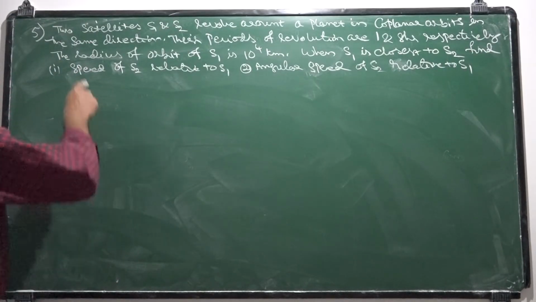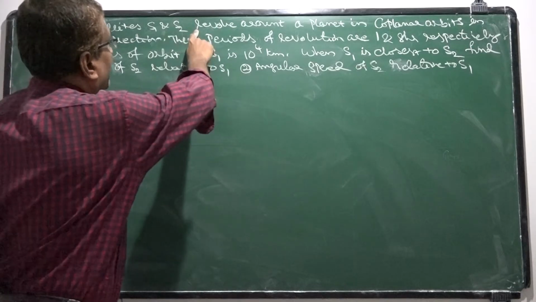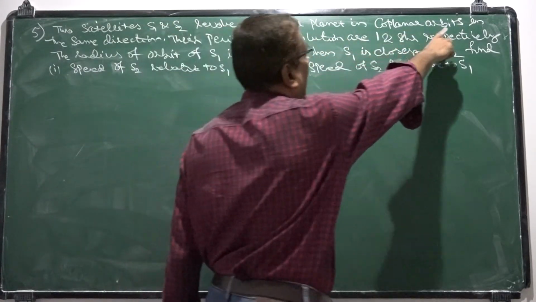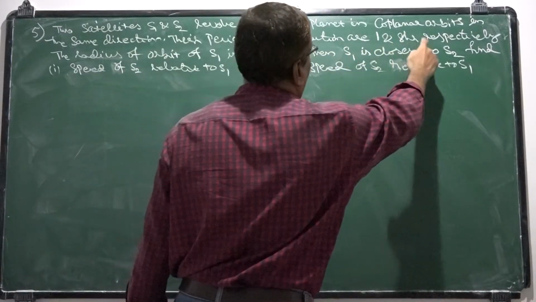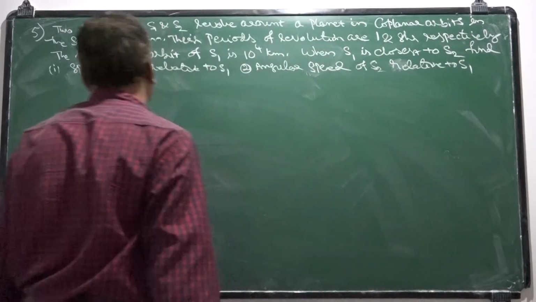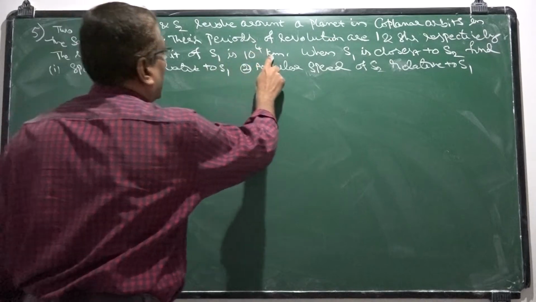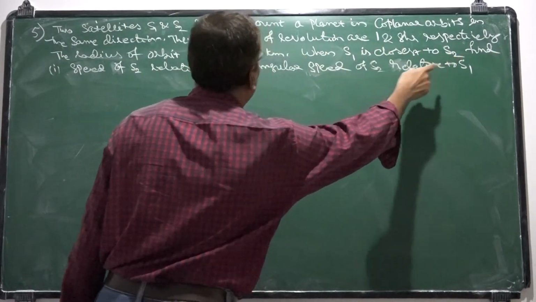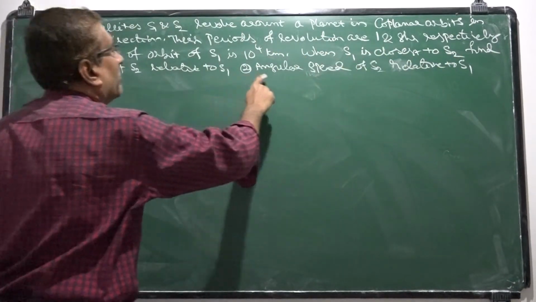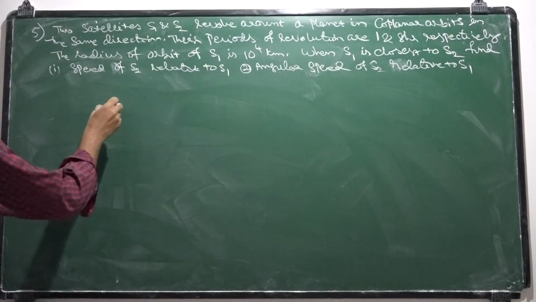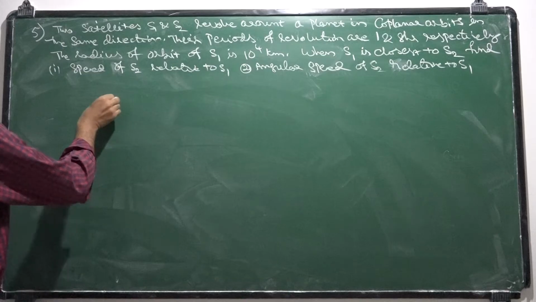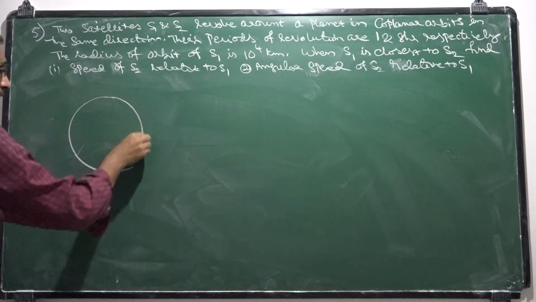Now, here it is given two satellites S1 and S2 revolve around a planet in coplanar orbits in the same direction. Their periods of revolution are given as 1 hour and 8 hour respectively. The radius of S1 is 10 power 4 kilometer. Then, when they are closest, we need the relative speed. Okay, you see like this. They are revolving around a planet in two coplanar orbits like this.